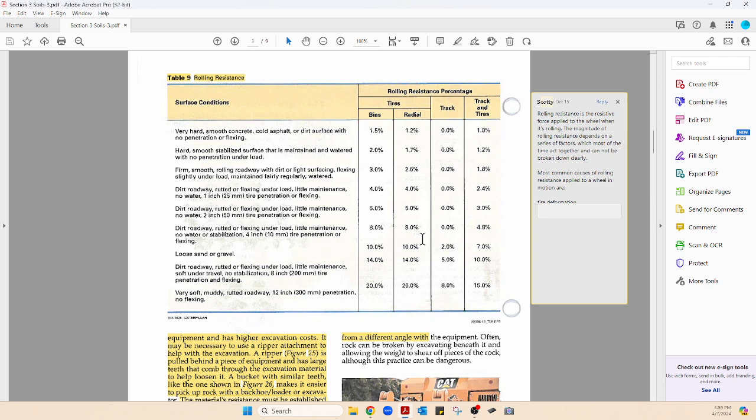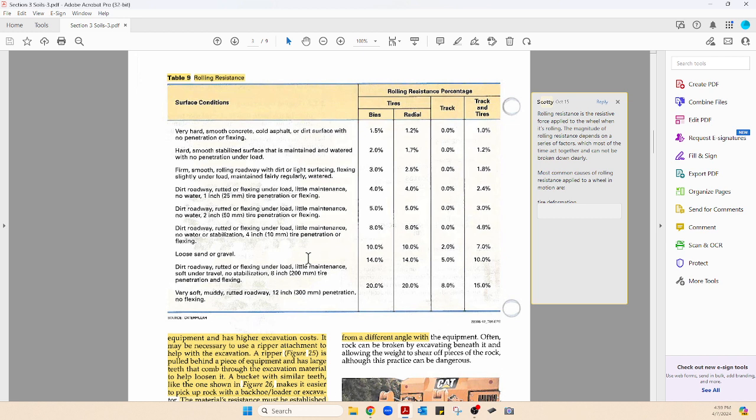And the reason you need to know this is it would increase your fuel consumption, and it would take longer for you to move that. It's as if you had an additional 10,000 pounds on that haul truck. So when you calculate that, if you go by this chart here, I think Caterpillar puts this chart out, and it's not just a guess, it's what they've determined.